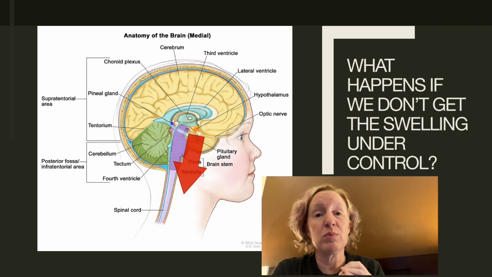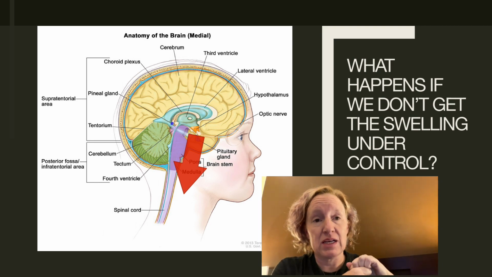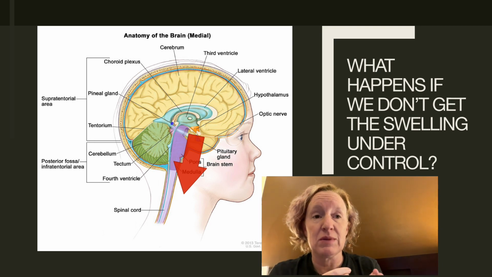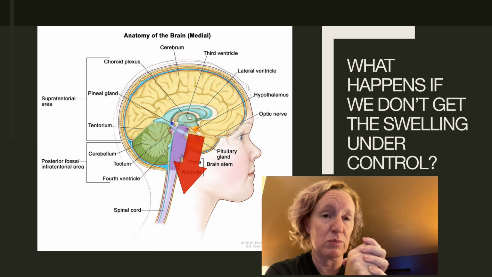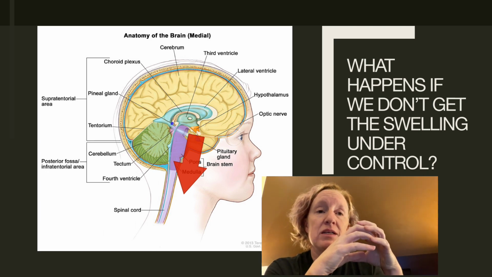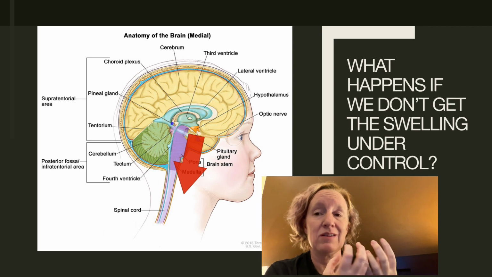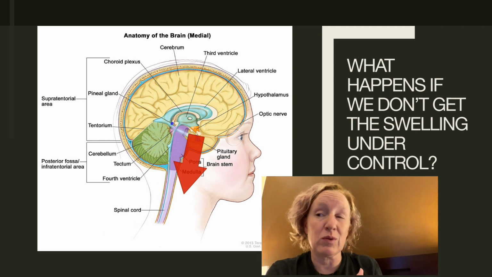There is only one place for it to go if we don't get this fixed, and that's down. And you can see in this image, you've got the pons and the spinal cord, which are all part of that very core part of the brainstem. And if the brain is continuing to swell, it will push out through the foramen magnum, which is the base of the skull.